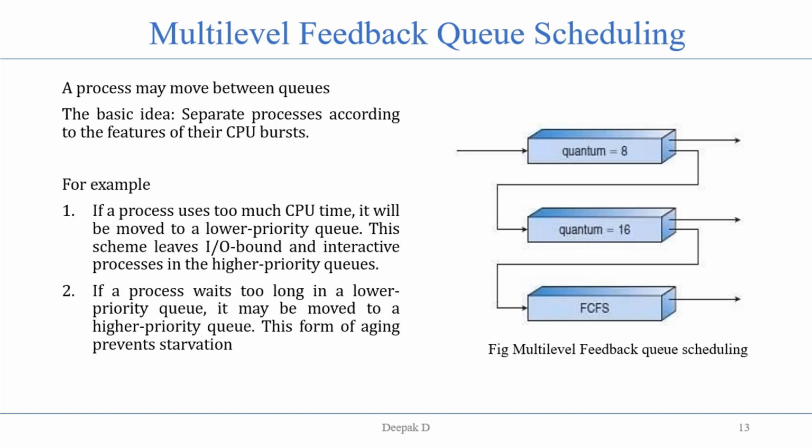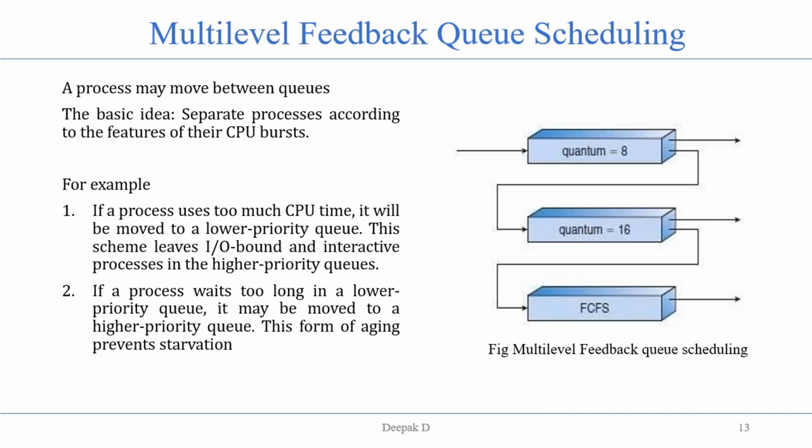The processes assigned to the foreground cannot be moved to the background, because processes do not change their foreground or background nature. This setup has the advantage of low scheduling overhead, but one limitation is that it is inflexible.